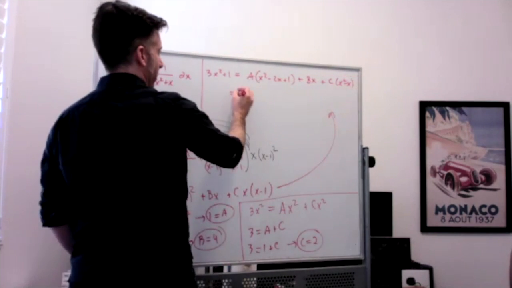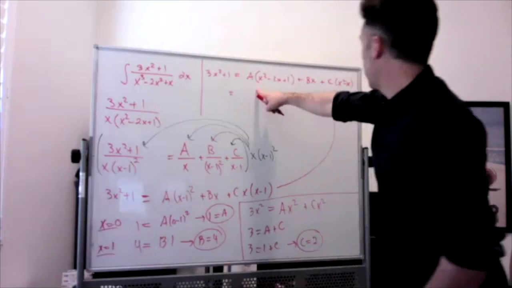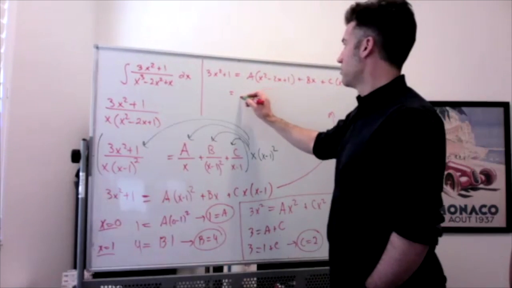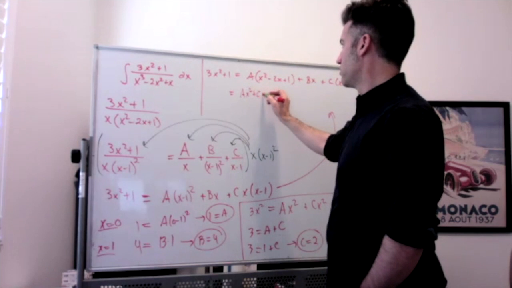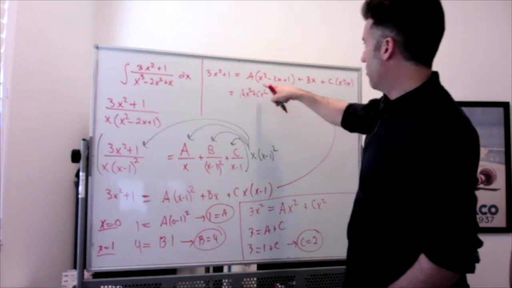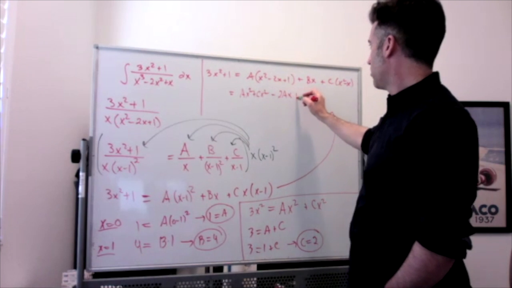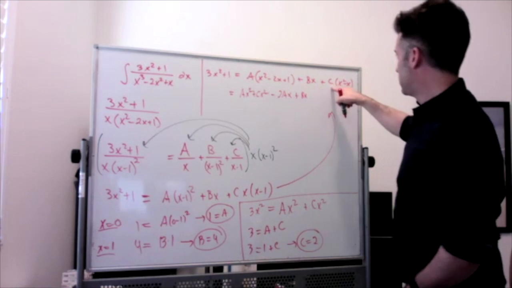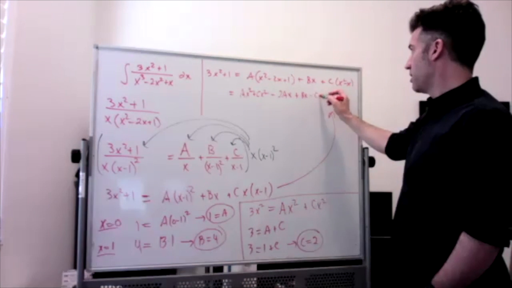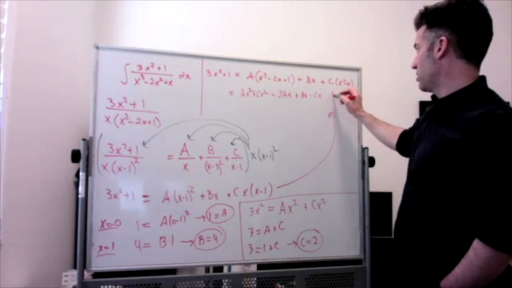And then I can multiply it all out. So let's see, I have an ax squared plus cx squared. I have minus 2ax plus bx plus, or sorry, minus cx. And I have an a, and that's the only constant term.